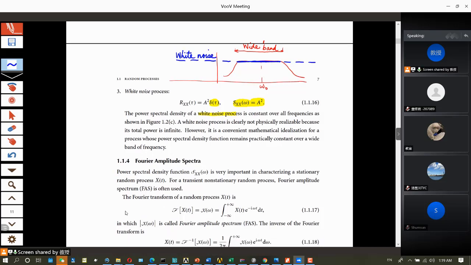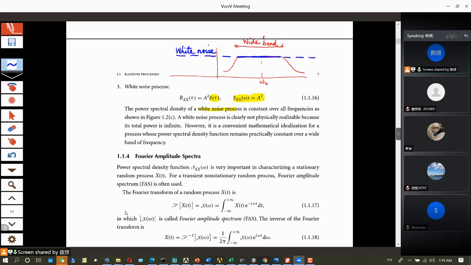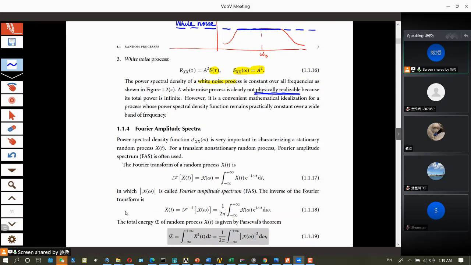We will study this later. The white noise process cannot be realized physically, so it's always an approximation. Under what circumstances can we approximate a process as a white noise process? We will study this later in the next chapter.